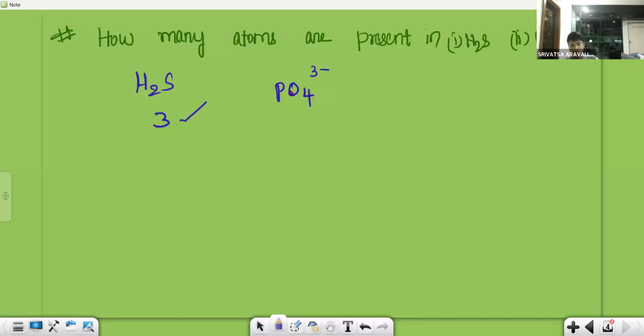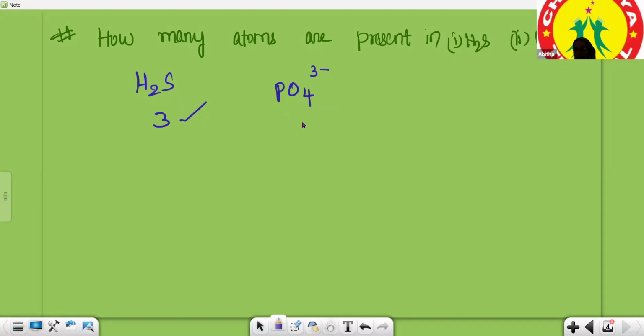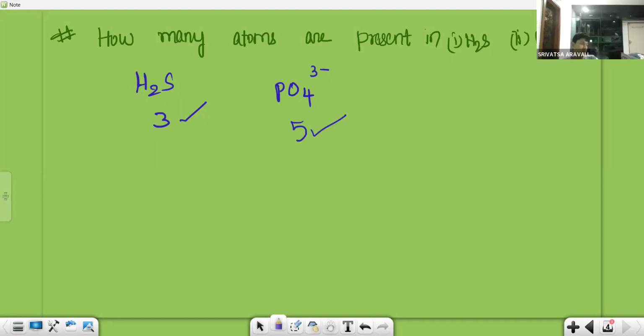So K is potassium. P is phosphorus. Okay, how many phosphorus are there? One phosphorus. Very good. So how many in total? 5. So the answer is going to be 5. Okay, clear.